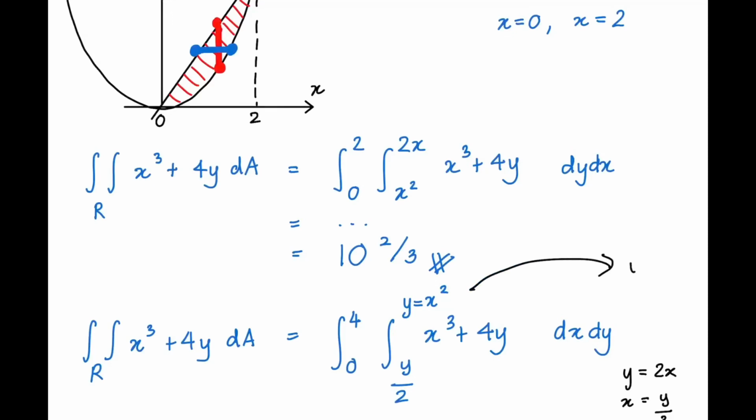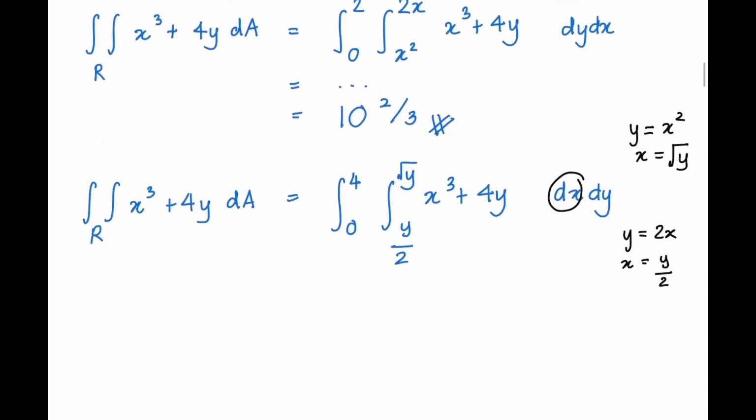We have upper limit y equals to x squared, but we are finding the values of x, so you have to rearrange that equation. So now x equals to square root of y. So that is what you put as your upper limit. Let us solve this and see whether we will get the same answer.